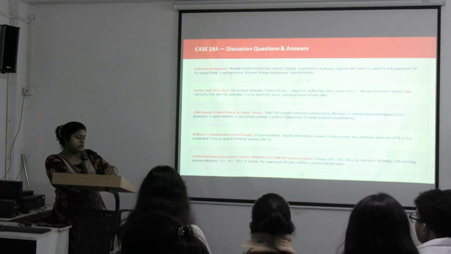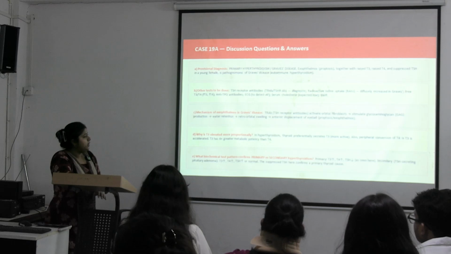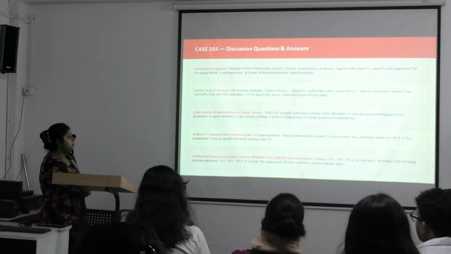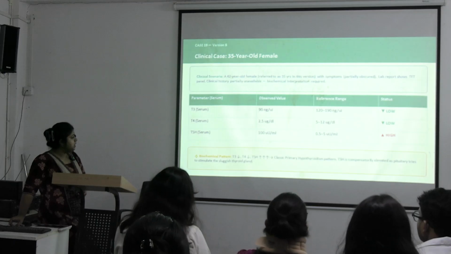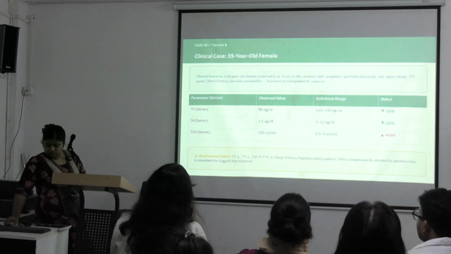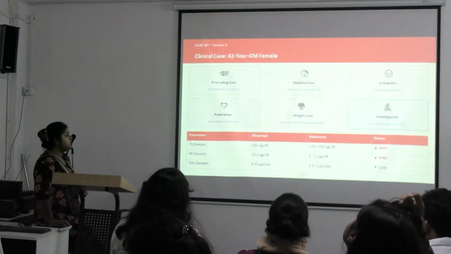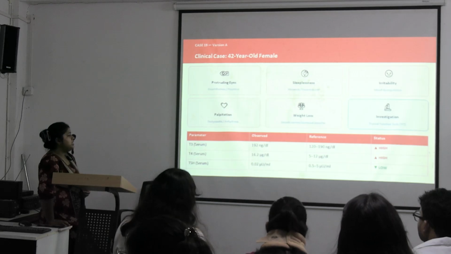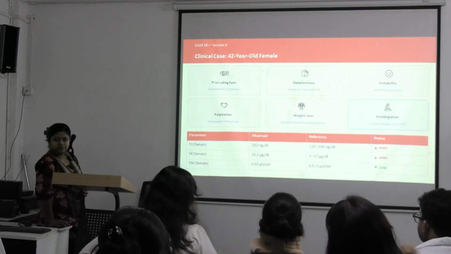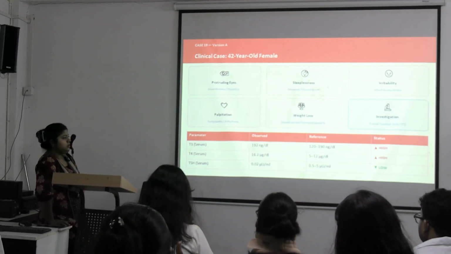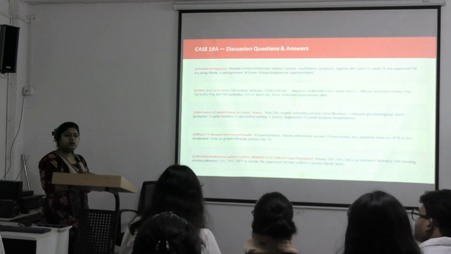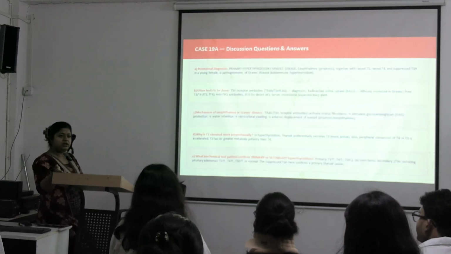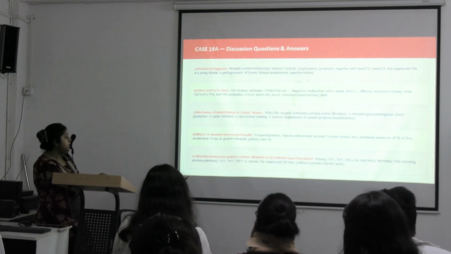Okay, so is this clear? Why is T3 elevated more proportionally? If you see the values, T3 is higher than T4, because more T4 is formed and in peripheral tissue it is more converted into T3.